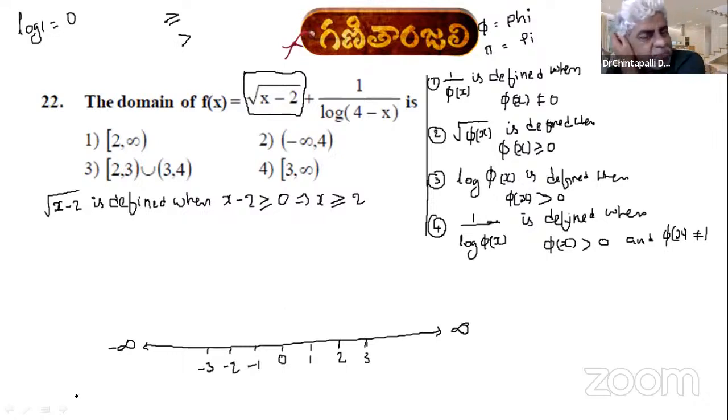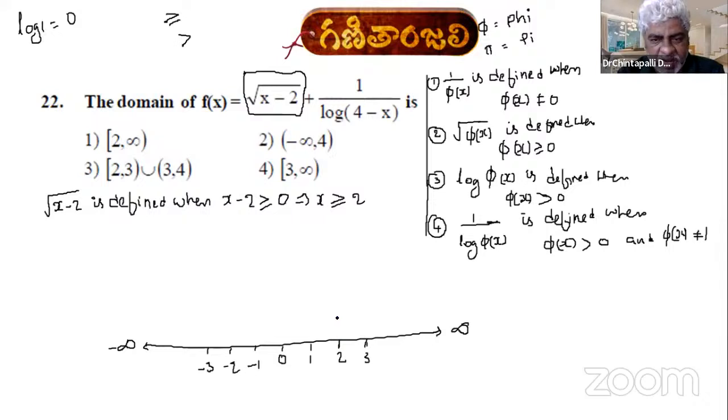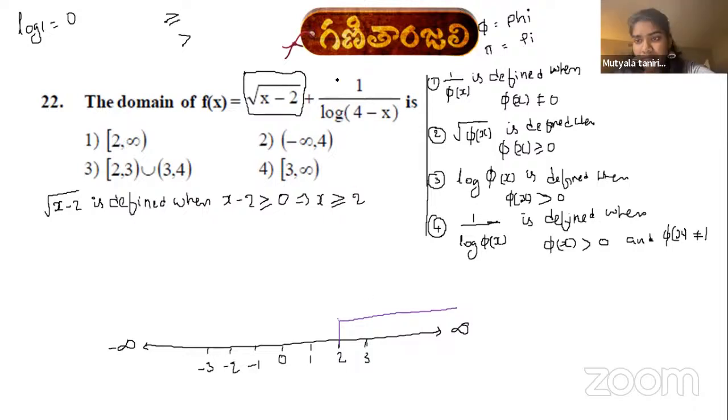The first part is x must be greater than or equal to 2. That means it is 2 and greater. These are all the x greater than or equal to 2, right? Yes. Now let us take the second part.